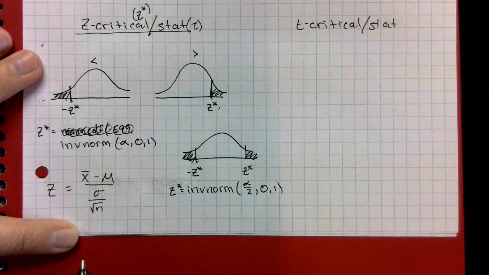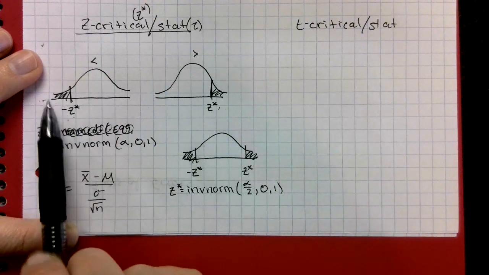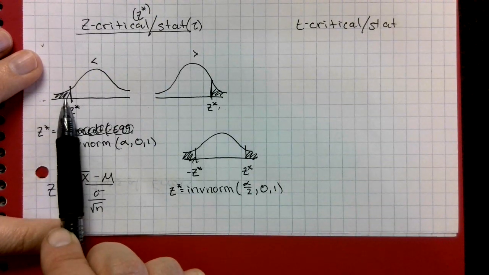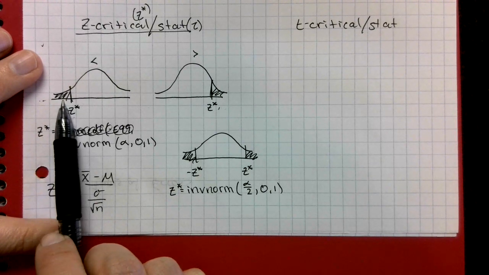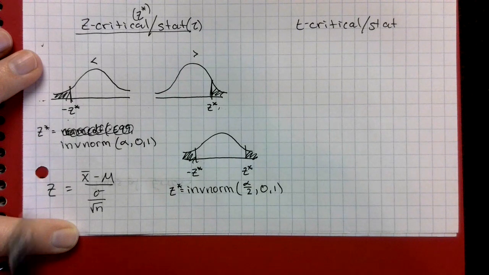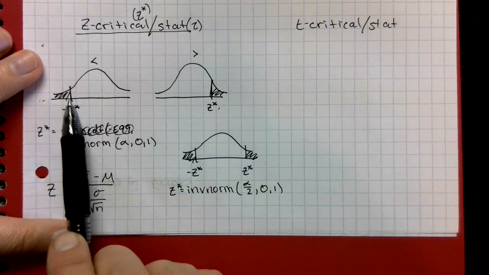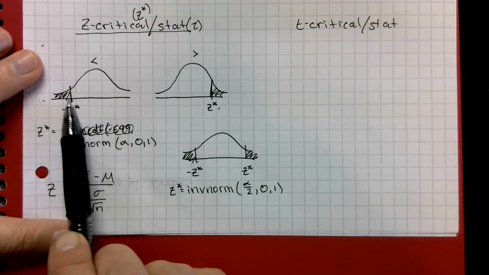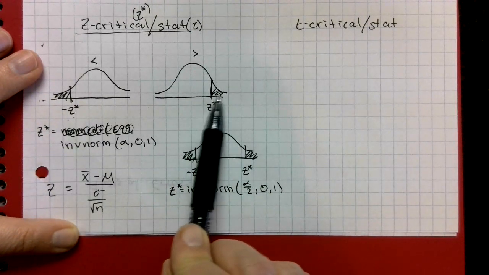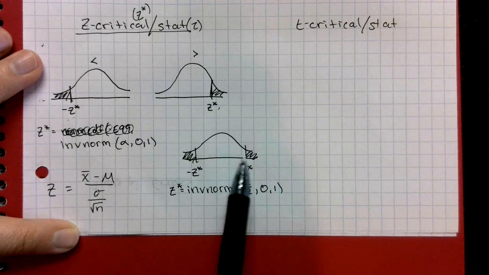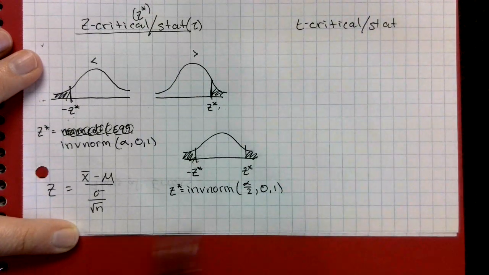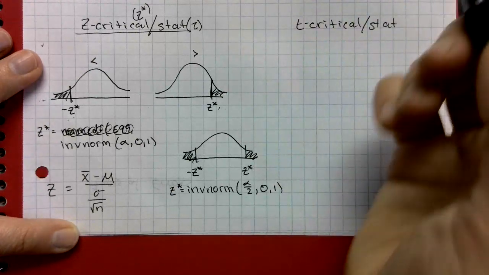And we'll talk a little bit more later about what alpha means, but alpha is kind of your probability of something being abnormal. So that's kind of your probability that we're looking for. So most cases it's going to be 5%. So we're looking for what is the cutoff for this bottom 5%, or what is the cutoff for the top 5%, or that 5% gets split among two tails, so it's 2.5%.